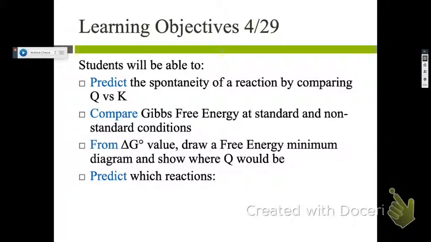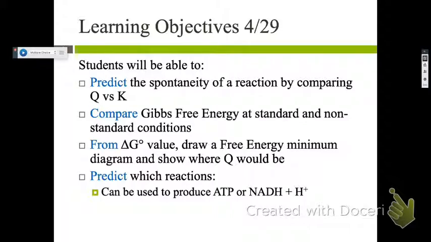We're going to draw the Gibbs free energy diagram just from the sign of Gibbs free energy at standard conditions. And next class, we're going to be looking at how we can use these Gibbs free energy values and signs to talk about driving non-spontaneous reactions forward.